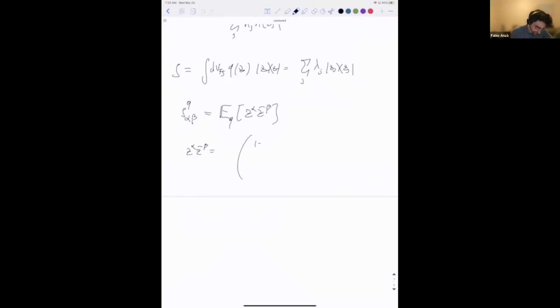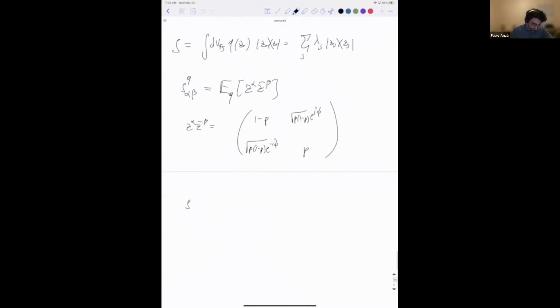This is just 1 minus p, square root of p(1 minus p) e to the i phi, square root of p(1 minus p) e to the minus i phi, p. This means that rho 0,0 is 1 minus the expectation value over q of the coordinate function p, and obviously rho 1,1 is just 1 minus rho 0,0 because rho is normalized. Then rho 0,1 is just the expectation value over q of square root of p(1 minus p) e to the i phi, and rho 1,0 is obviously rho 0,1 star.